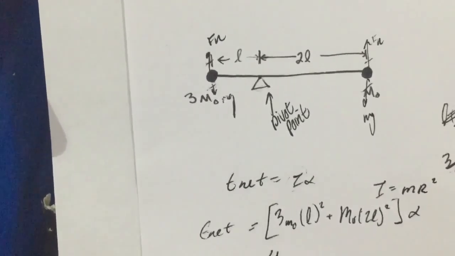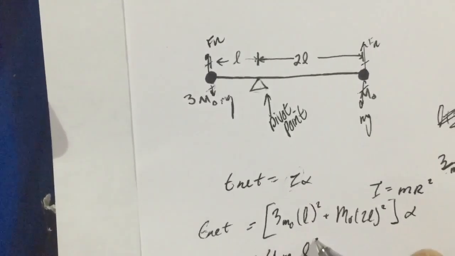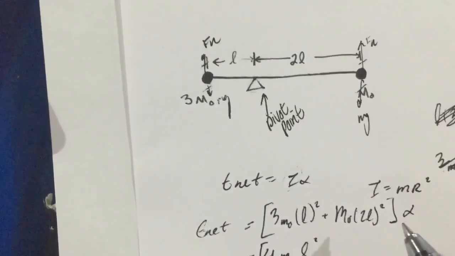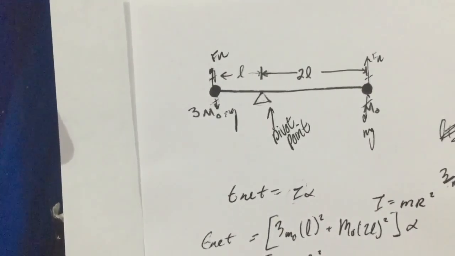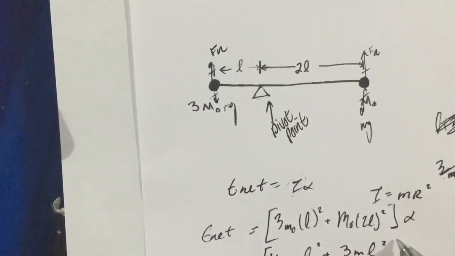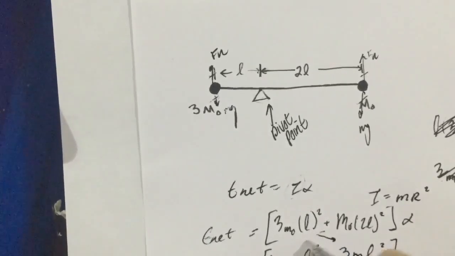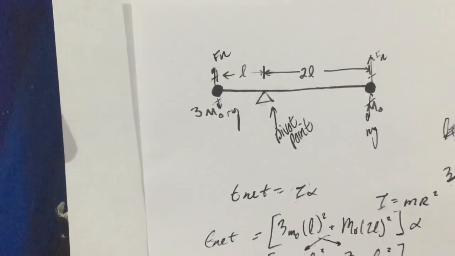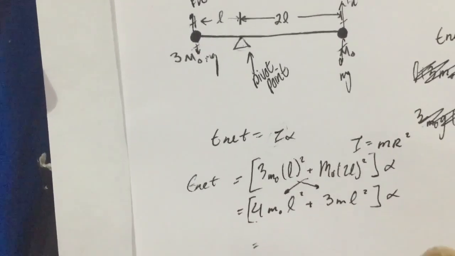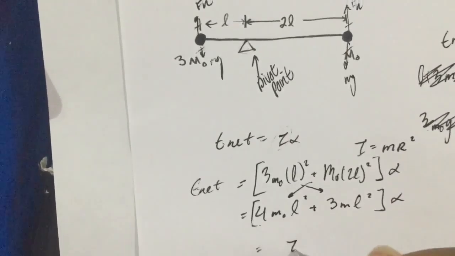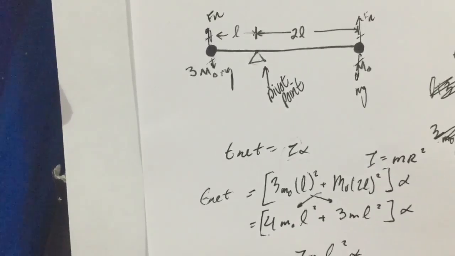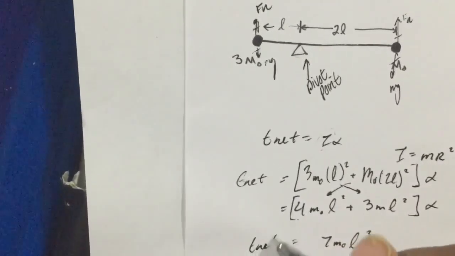And you combine, you get 4mL squared plus 3, to give you a net torque of 7mL squared times angular acceleration equals the net torque.